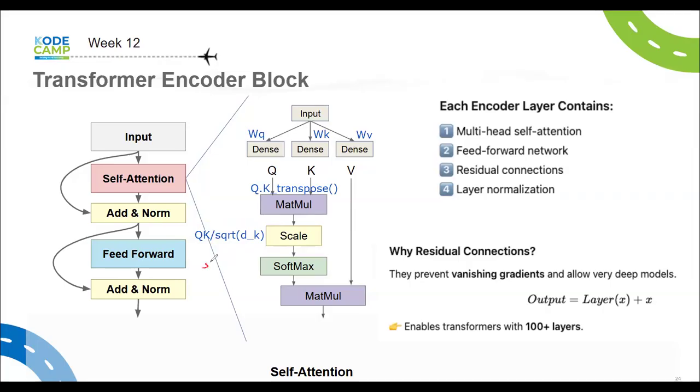So you end up with something like softmax of Q K transpose divided by square root of DK, right? And that is the attention weight. Then we take this attention weight and we multiply it by the V vector.